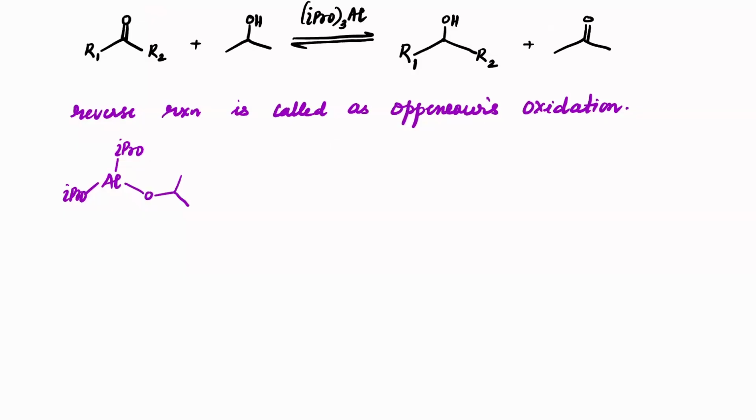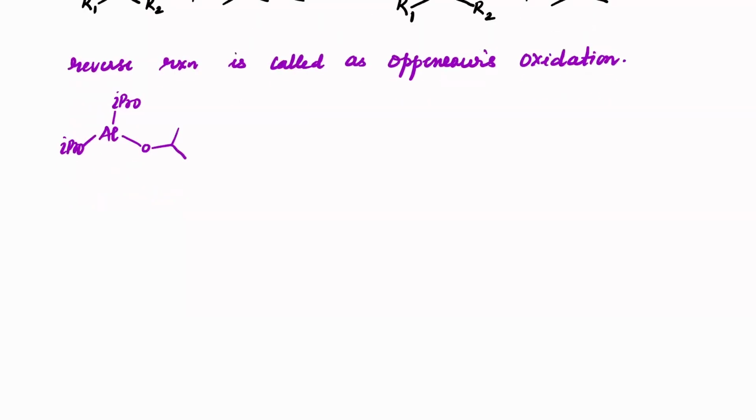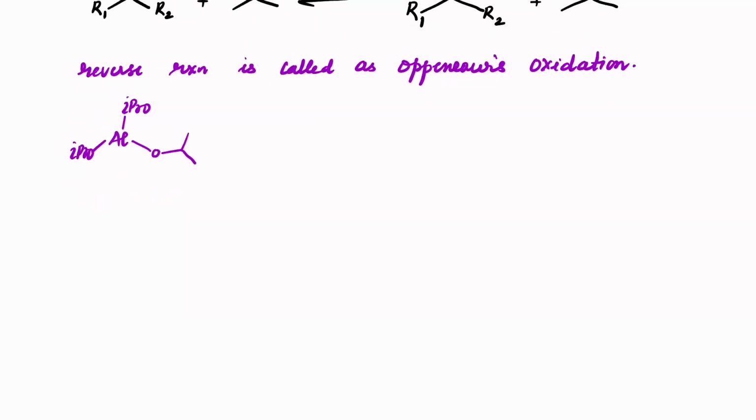This is how isopropoxy is: isopropyl oxygen. And now we have the ketone, which is C double bond O with R1 and R2, like this. This is the ketone which we have, right? So the lone pair present on the ketone will try to attack on aluminium like this.